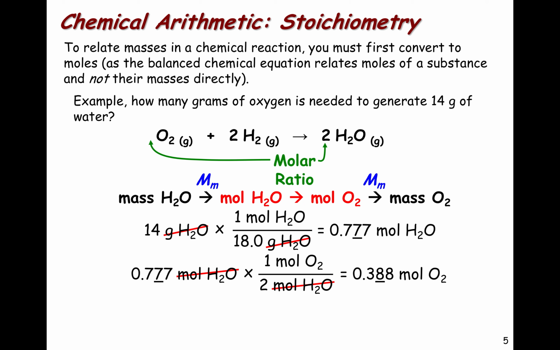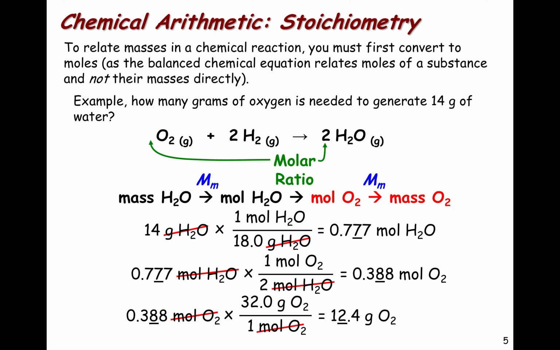But that still doesn't get us to the answer yet because we're trying to get the mass of O2. So we have to do our final step, which involves taking that moles of O2 and using the molar mass of O2. At this stage, you can see that the moles of O2 are going to cancel. And we do the math, we come up with our final answer. Well, our final answer, if we pay attention to our significant digits, we're only going to have 2 sig figs. We don't need to round up, so that is 12 grams of O2.